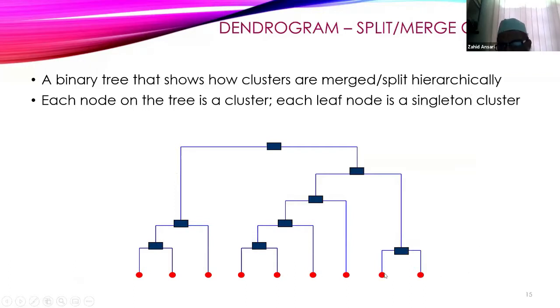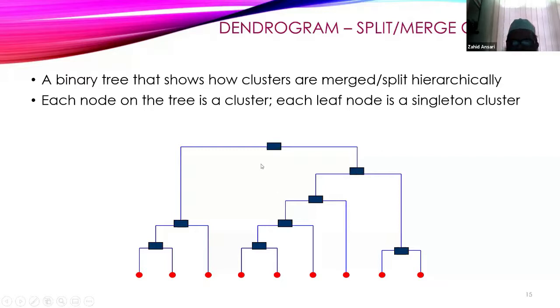This is a cluster of these two points. This is the cluster of all the leaves, the set of all the leaves in the subtree whose root is this internal node.